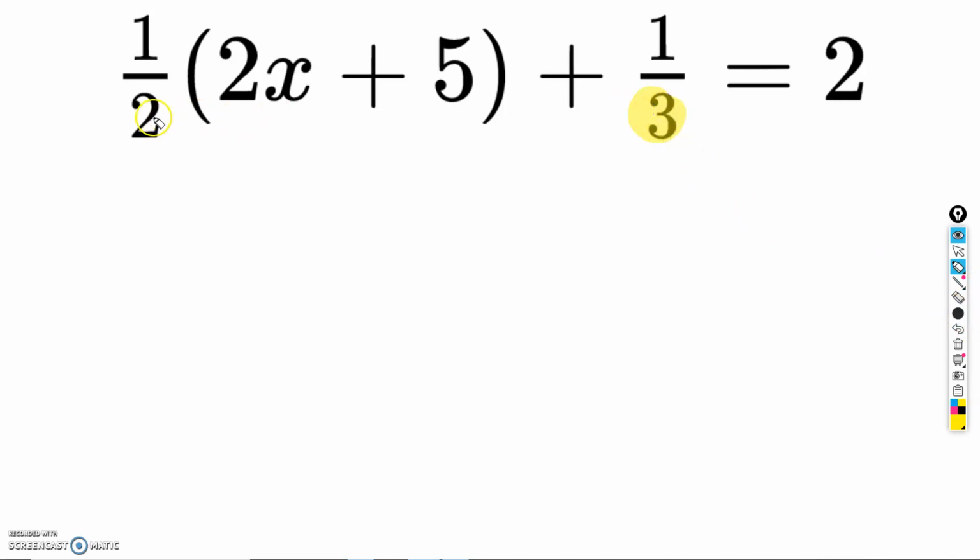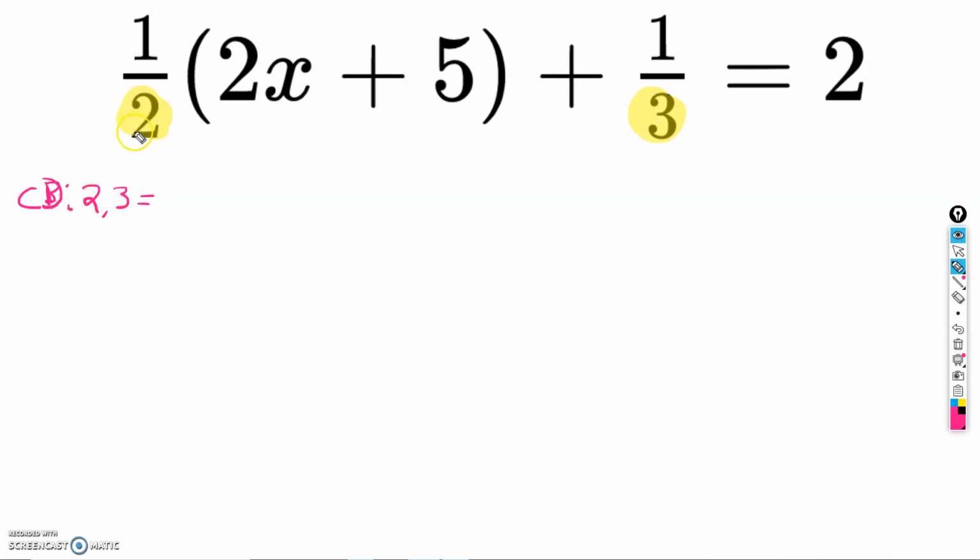Okay, there's one there, and there's one there. So we need to figure out what our common denominator would be now with a 2 and a 3. Some of you are probably already ahead of me and know what it is. So what's the common denominator with a 2 and a 3?